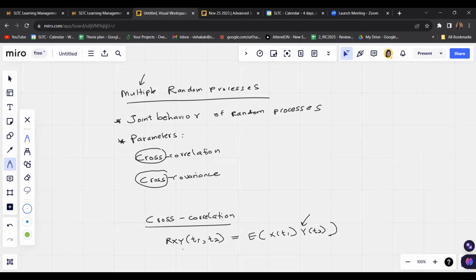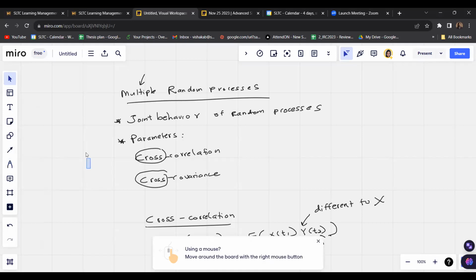So this y is a different signal to the x signal, right? Apart from that difference, the time instance at which we are comparing these two signals is also a different time instance, right? If you have any questions, you can ask, right?